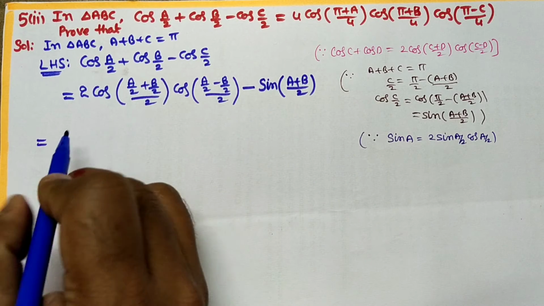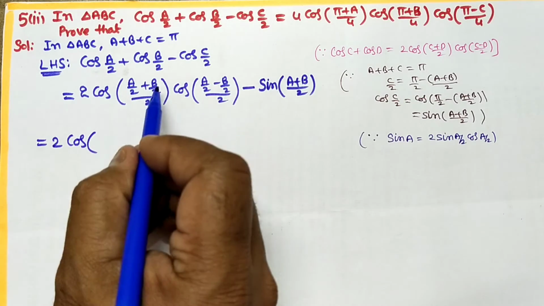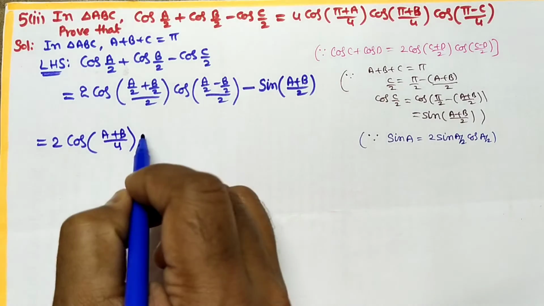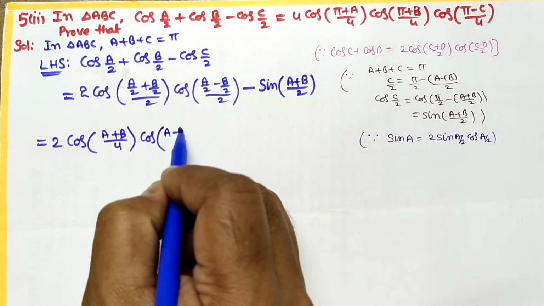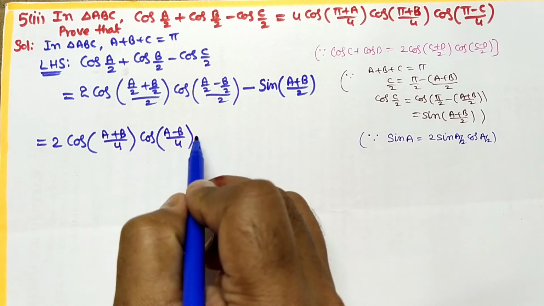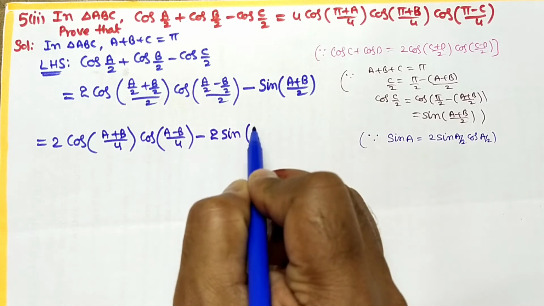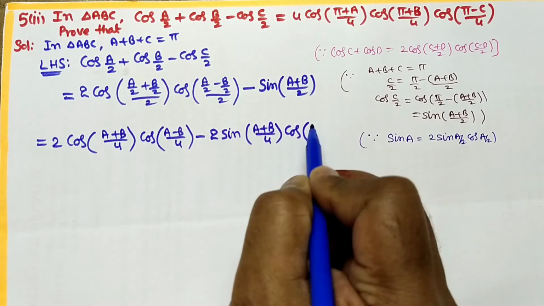So this is equal to 2 into cos of ((A plus B) by 2) by 2, that means (A plus B) by 4. Similarly, cos of ((A minus B) by 2) by 2 is (A minus B) by 4. Minus, the last term can be written as 2 into sine of (A plus B) by 4 into cos of (A plus B) by 4.